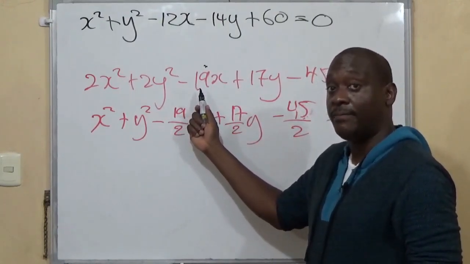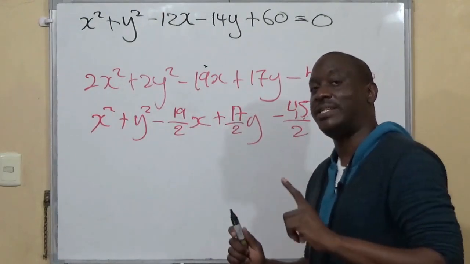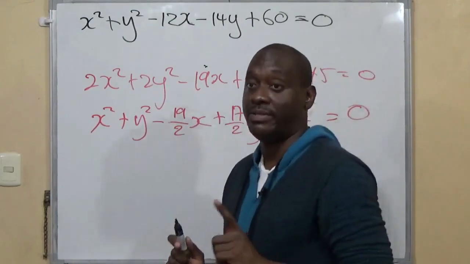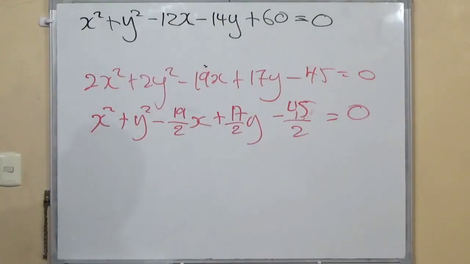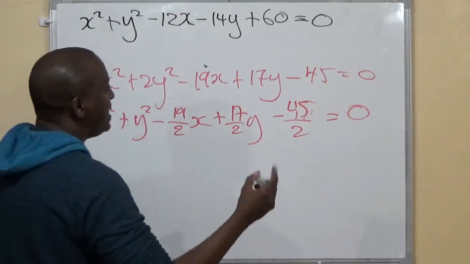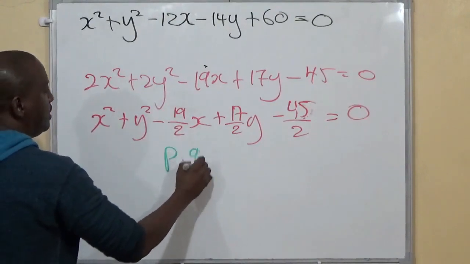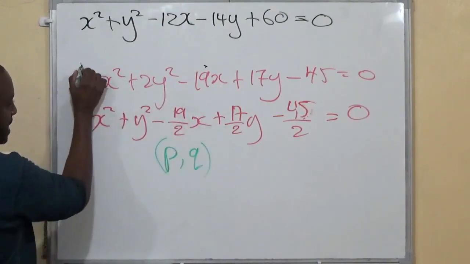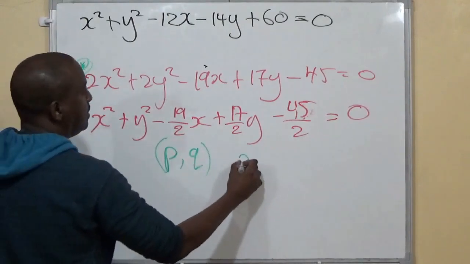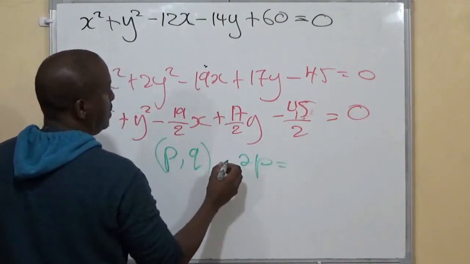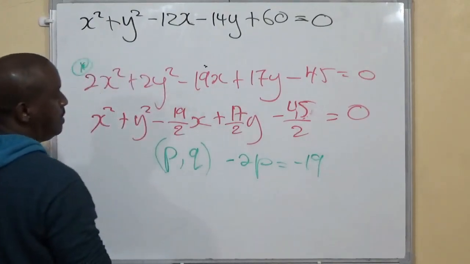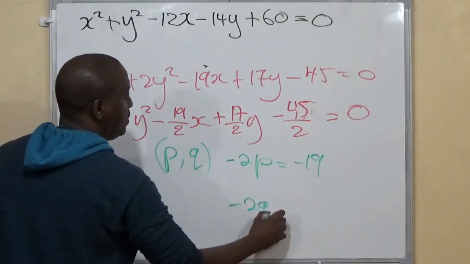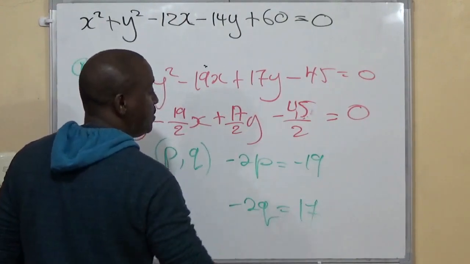So for example, you're not going to come here and say that the coefficient of x is minus 19. No. The x coordinate of the center, remember, we would have discussed that in a previous video. If we say that the coordinates of the center are p, q, we're not going to come here and say that minus 2p is equal to minus 19, or that minus 2q is equal to 17.